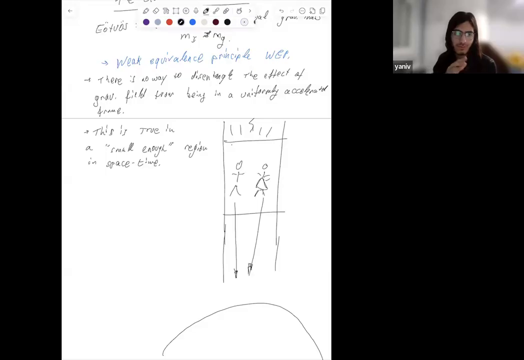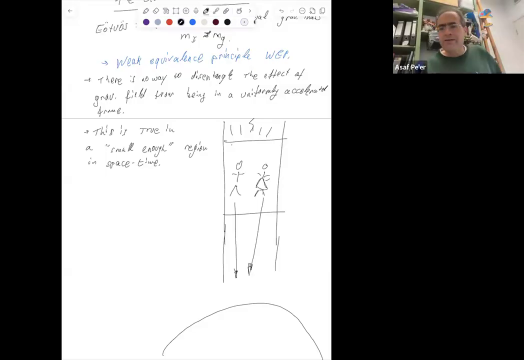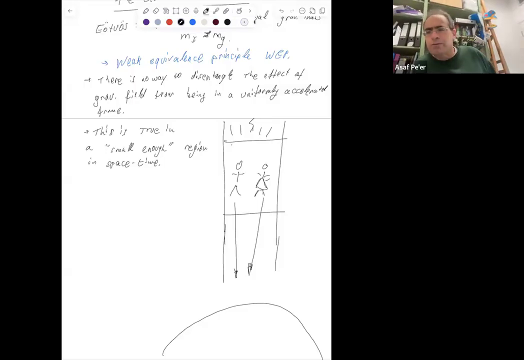Because for a big enough elevator, the gravitational field slightly changes from one location to another inside the elevator. So if the elevator is sufficiently big, then they should, in principle, be able to measure it.